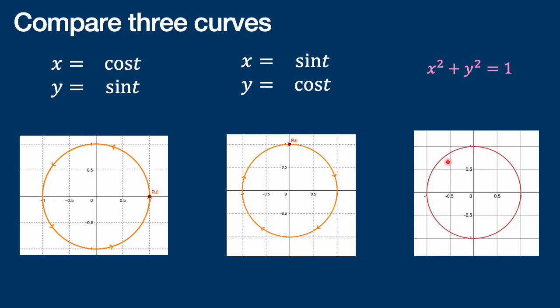The third one is only a curve. The first one is counterclockwise, the second is clockwise. The first two graphs are represented by parametric equations, the third one by a rectangular equation. So a parametric equation gives direction and movement on the curve.